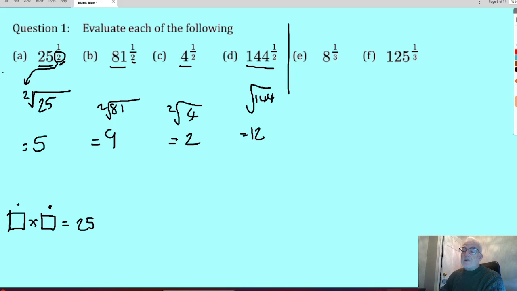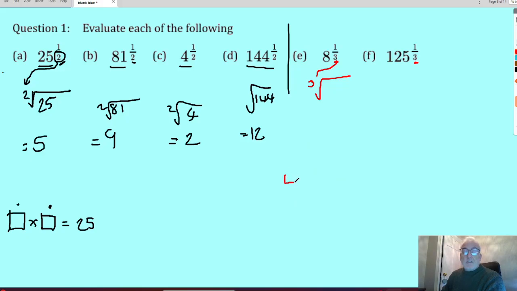Okay, let's have a go at the cube roots this time. So this one, we've got a 3 on the bottom, the denominator of my index. So I'm still going to do a root sign, but this time the 3 goes out front of my root. And that's making it a cube root, not a square root.